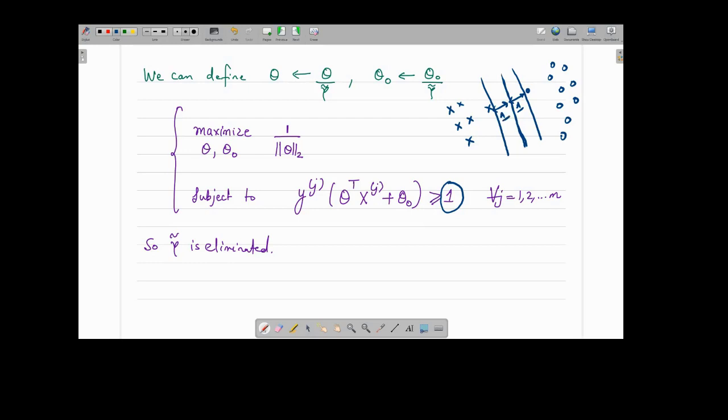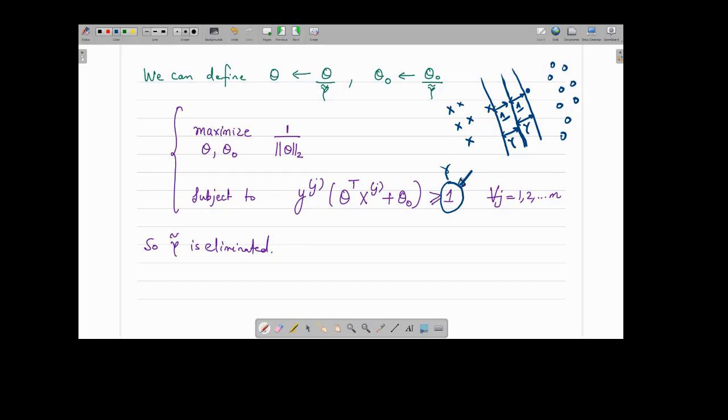This constraint is telling you that, and this 1 is coming because we normalized by gamma. If you remember, last time we had gamma here, the distance gamma. But now when you transform that objective function by doing multiple transformations like scaling to come up with this optimization framework, you observe that this is 1.